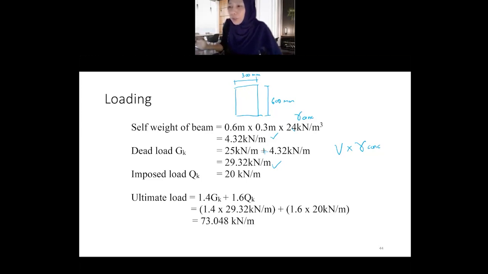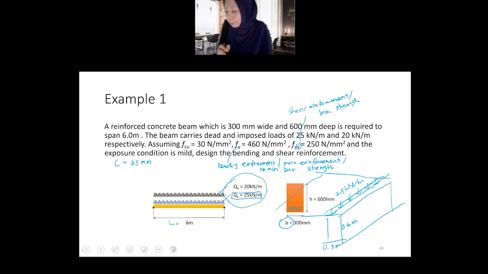How do you know when you need to calculate self weight of the beam separately or tak payah? Okay, you kena tengok soalan.